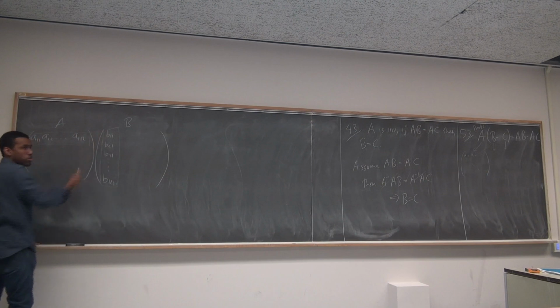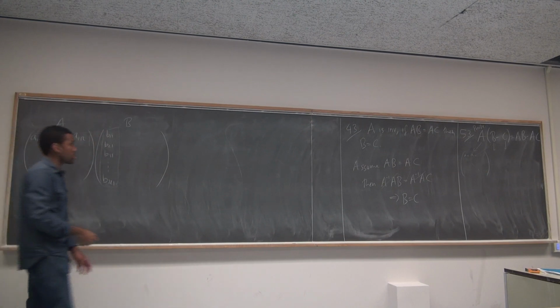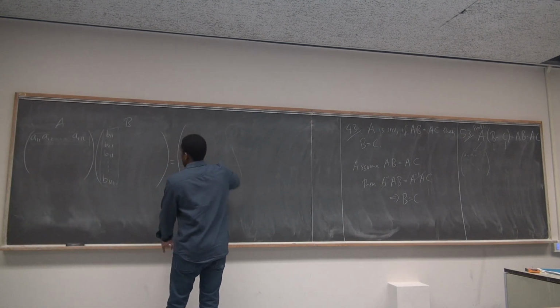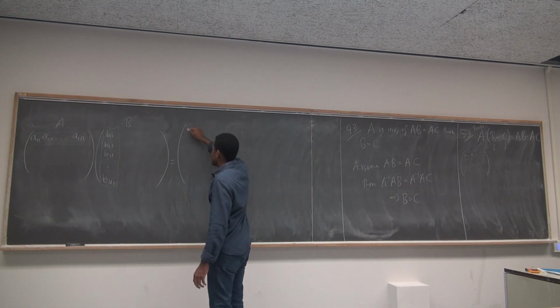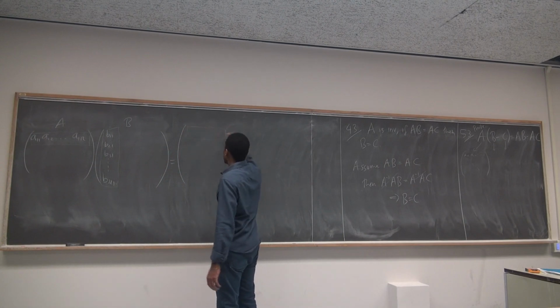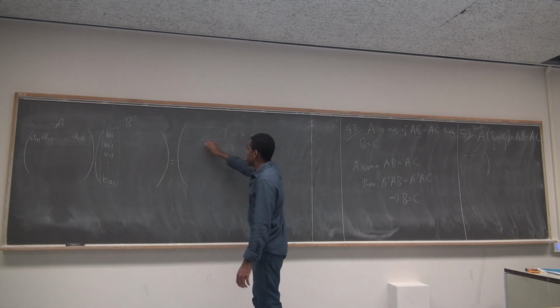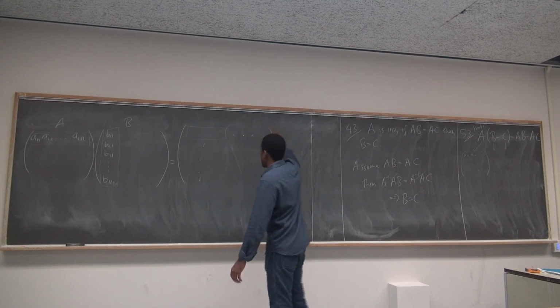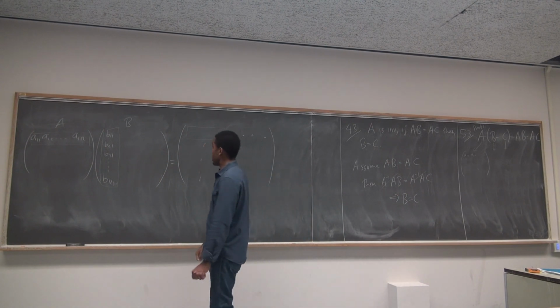So let's say I'm just looking at the first row times the first column. I'm just going to illustrate something here. What would that actually give us in the result? The entry here, what would that entry actually look like?